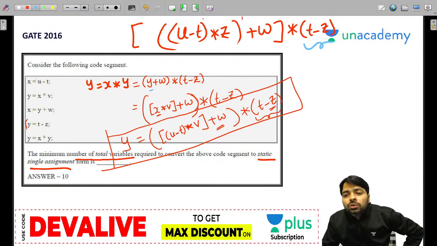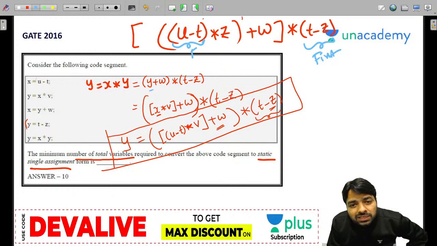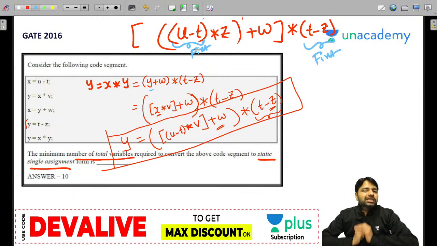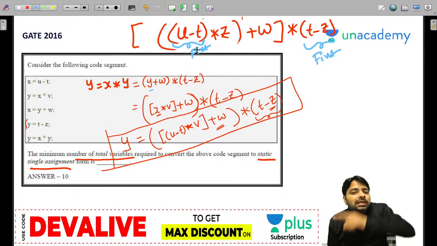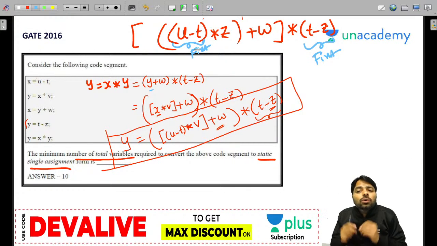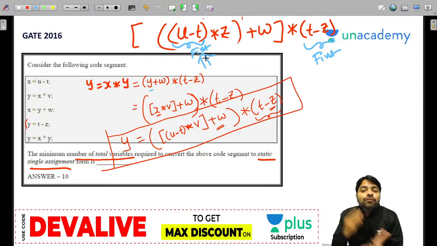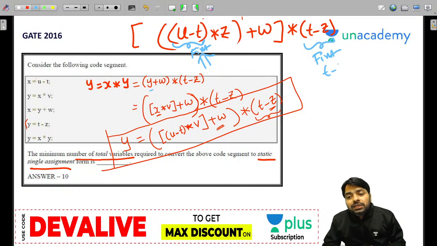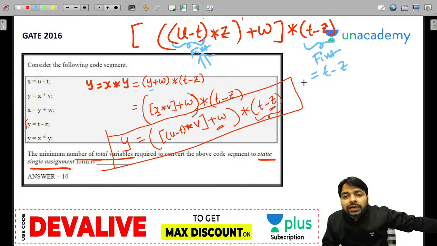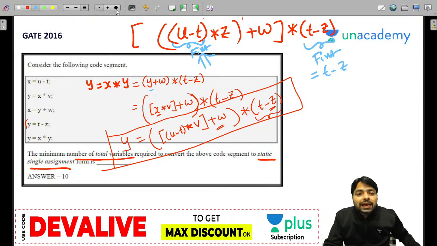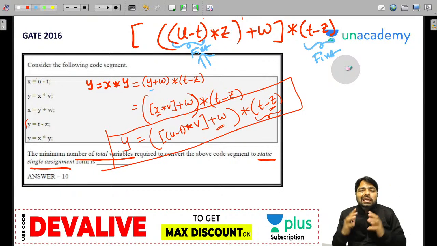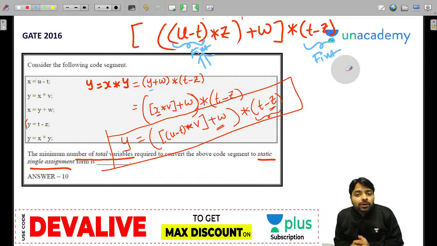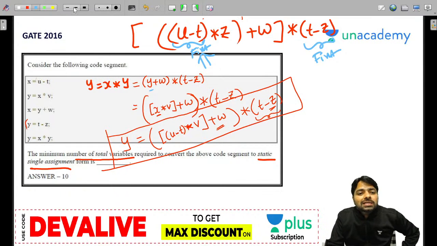Now tell me, will you do this first or u minus t first? Which is the best choice now? t minus z is not the best choice. Why? After t minus z, t is used in the future and z is also used in the future, so we cannot reuse or rewrite t and z. The best choice is u minus t, because after u minus t, u becomes free, meaning you are saving a variable. If you do t minus z first, you cannot reuse those variables and you need to create a new variable. Are you clear? So for which one you do first, focus on it: if t minus z, I have to create a new variable, but with u minus t, I can reuse u, because u is free after this. Yes or no?